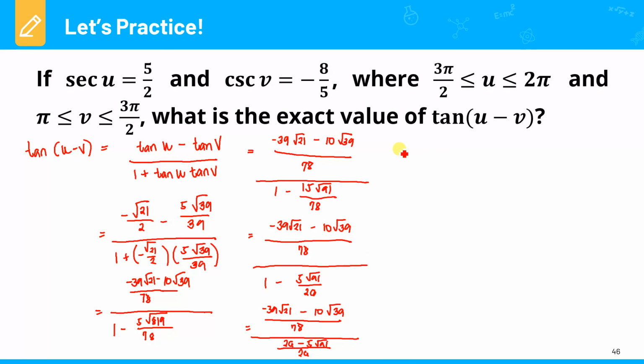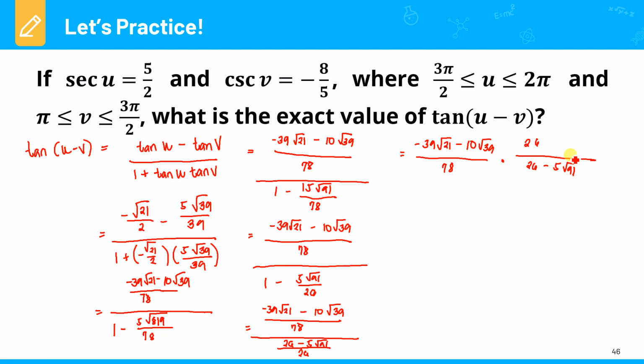So in other words, we could have negative 39 square root of 21 minus 10 square root of 39 over 78, times 26 over 26 minus 5 square root of 91.